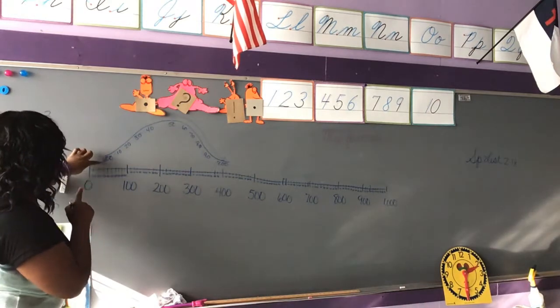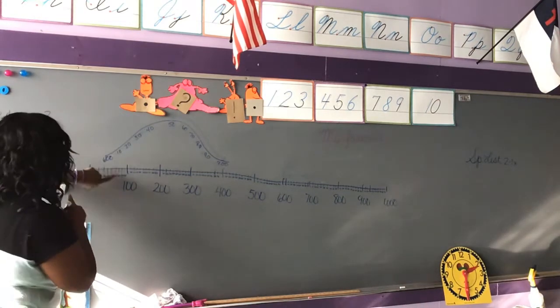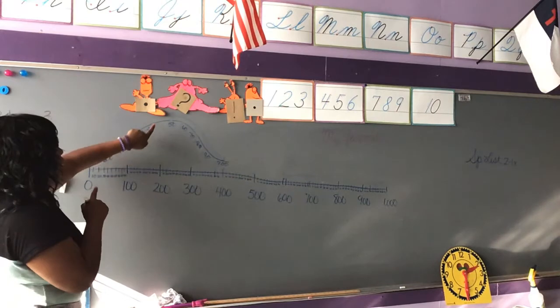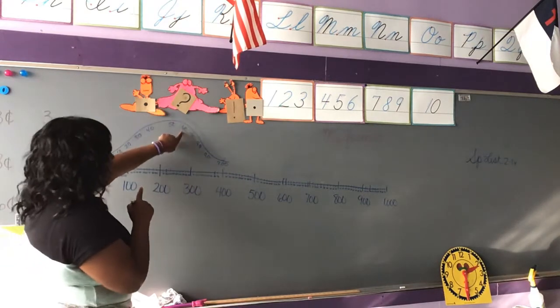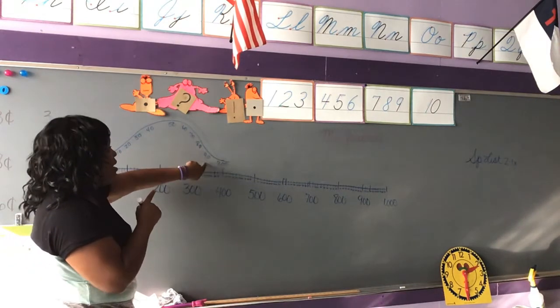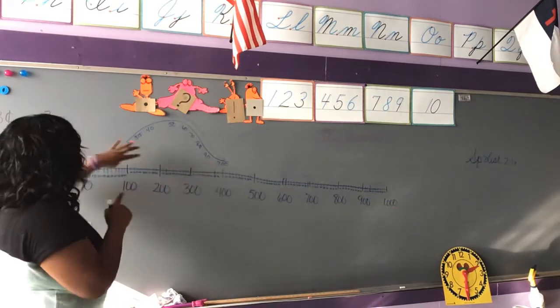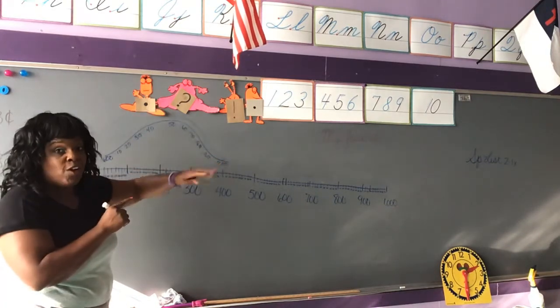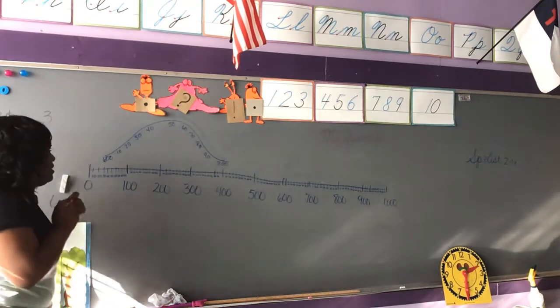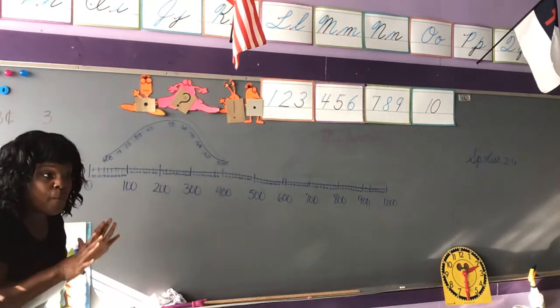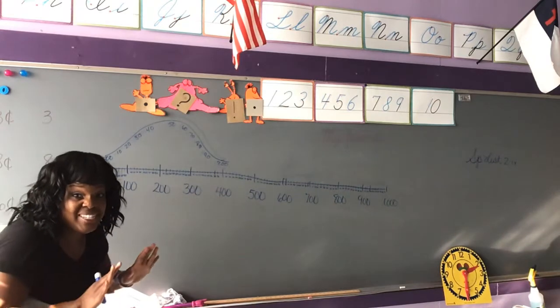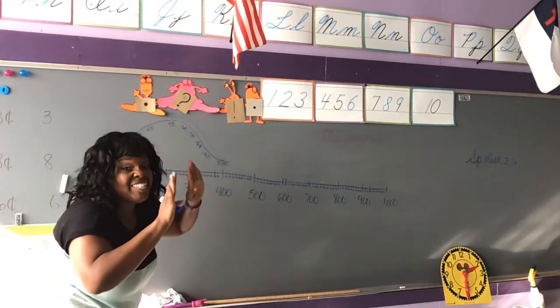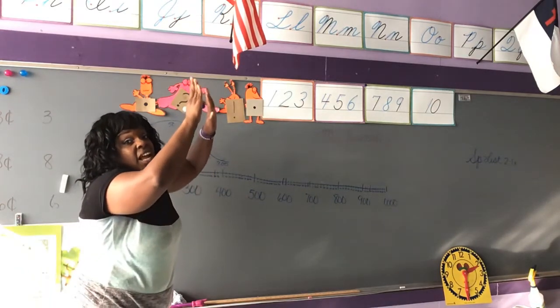So it starts with 600, because then we go to 610, 620, 630, 640, 650, 660, 670, 680, 690, 700. And so we're going up and coming back down, or we're going up and going over. So ready? We're at 600. Ready? So let's go up our roller coaster. 610, 620, 630, 640.